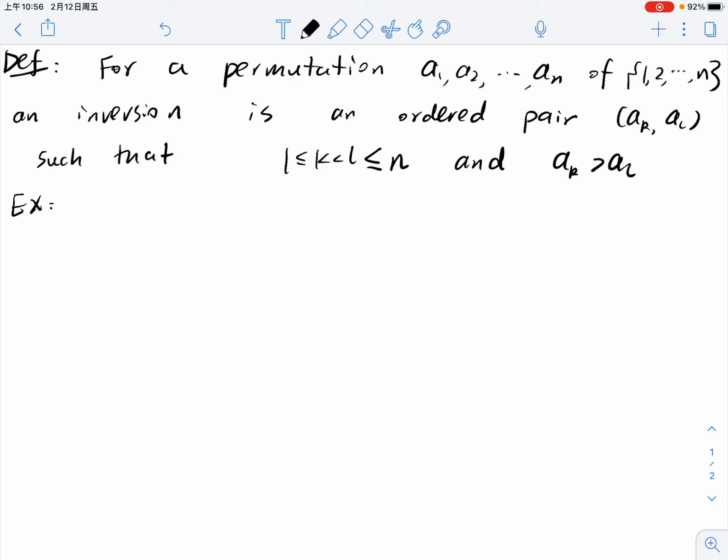The reason we call it inversion is that for the index, K is less than L, but for the values corresponding to K and L, you have a different inequality. You have a different sign.